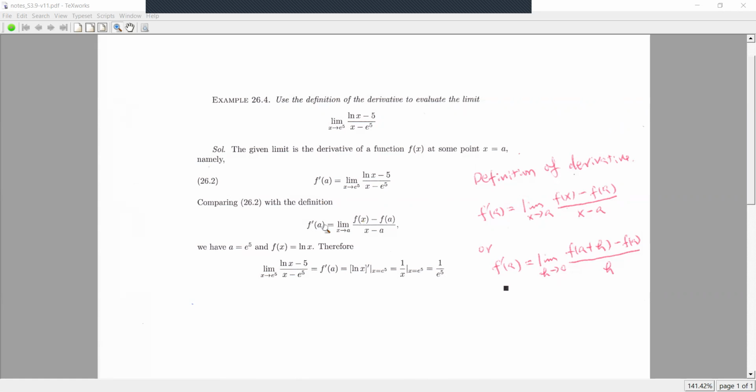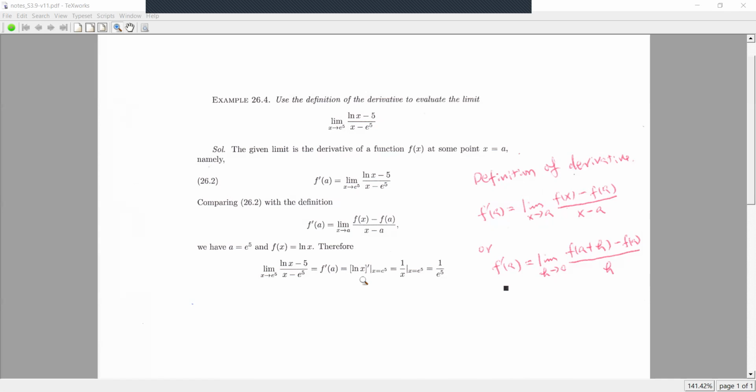Comparing this limit and this limit, I can see that the function f is natural log of x, and the point a is e to the fifth. Therefore, the given limit is the derivative of natural log of x at the point e to the fifth.